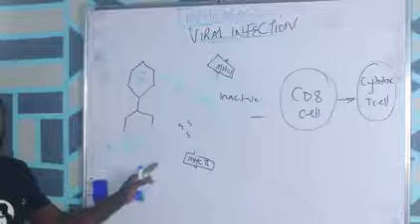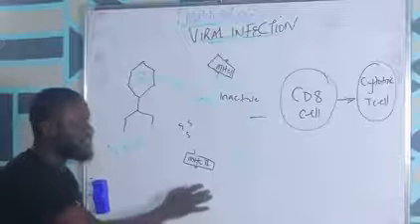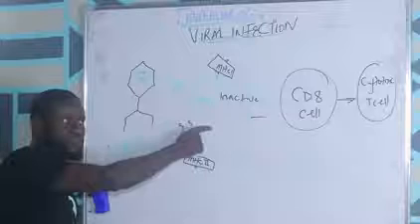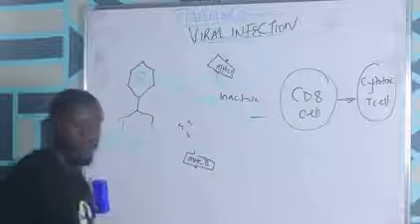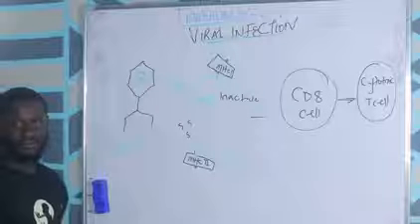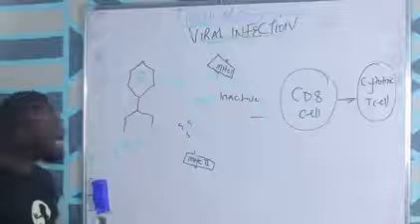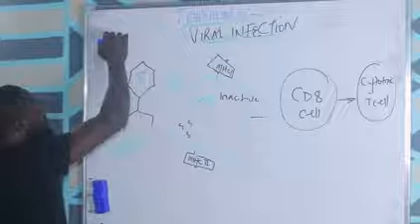But before we can do this, we need a helper T cell to activate the macrophage, so that the macrophage can activate the CD8 cell to produce cytotoxic T cell that will do the killing. That is the idea of the adaptive immunity.